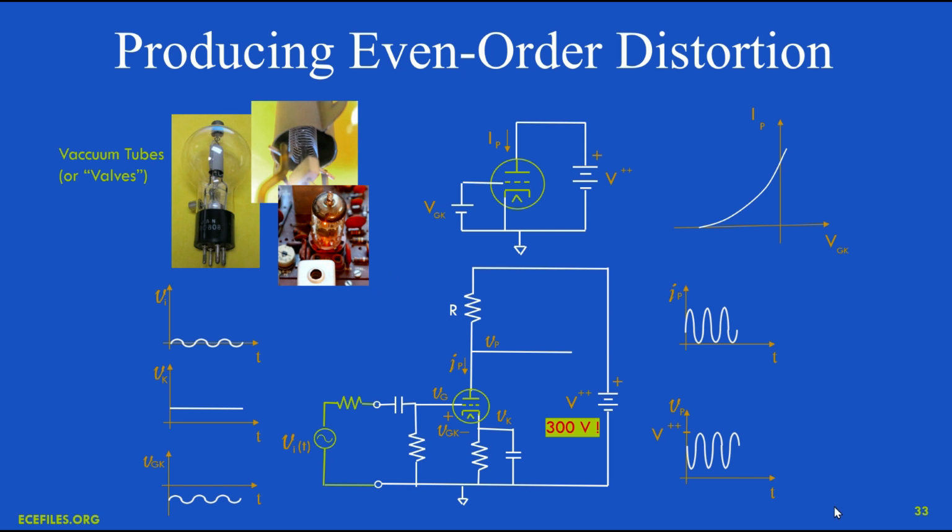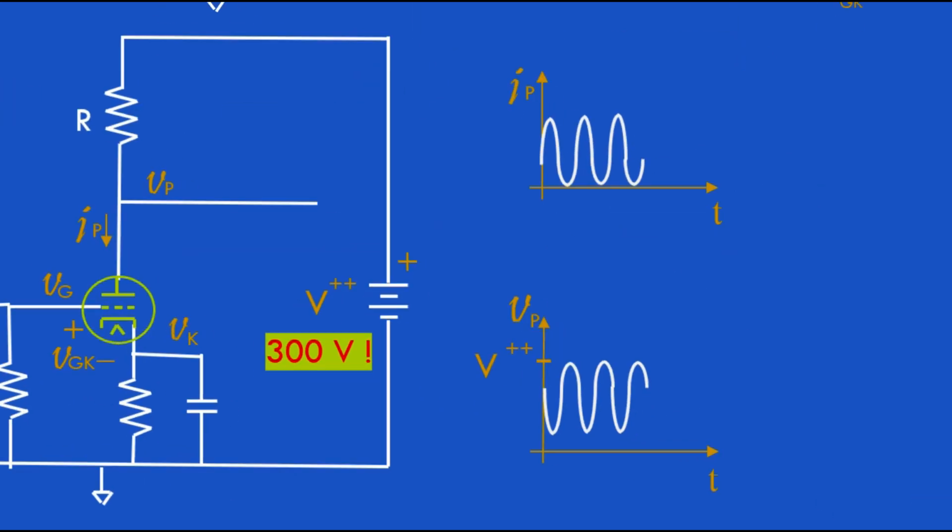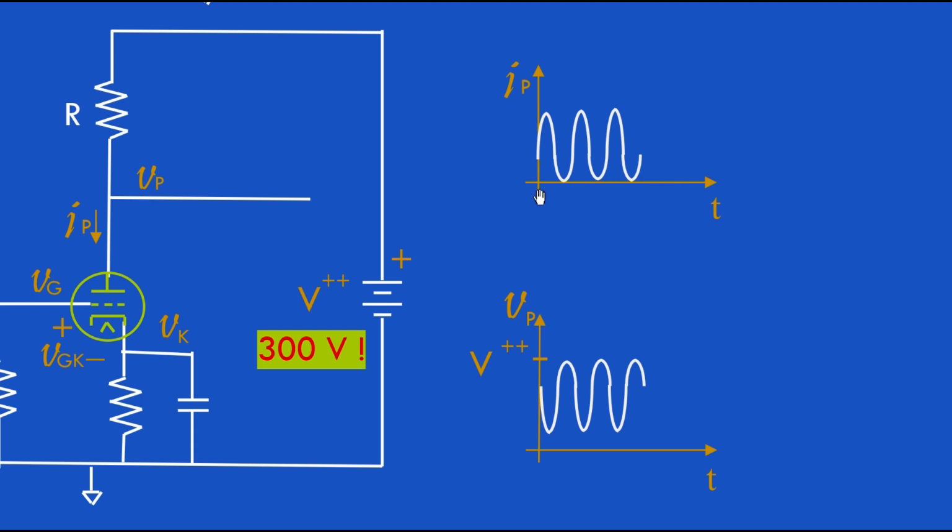On this slide, I've tried to provide a hint of how that even order harmonic distortion can happen. If you look carefully at what's called the plate current waveform here, and the overall plate voltage, this is the output voltage waveform, you'll see that they're not perfect sine waves.